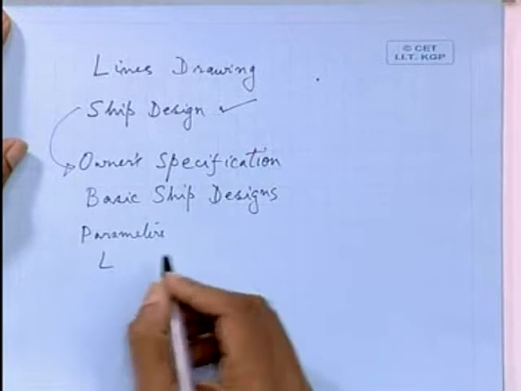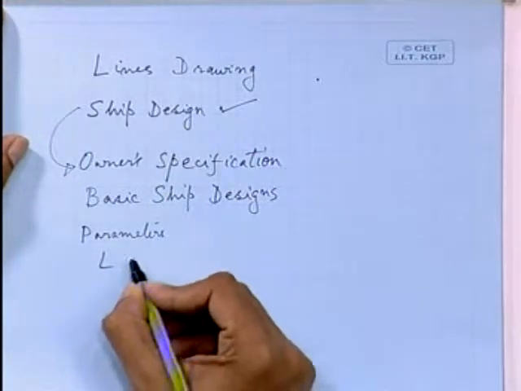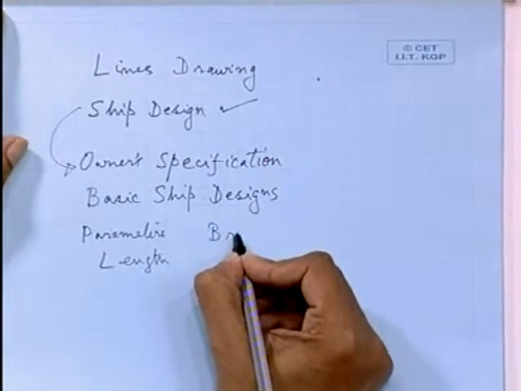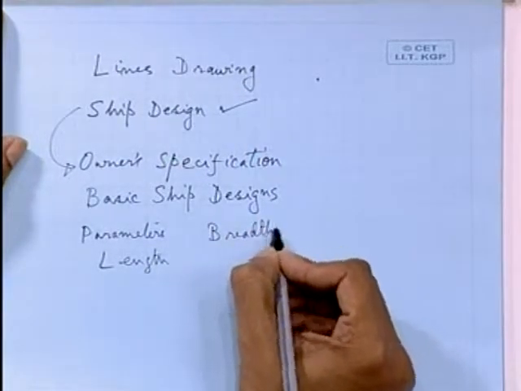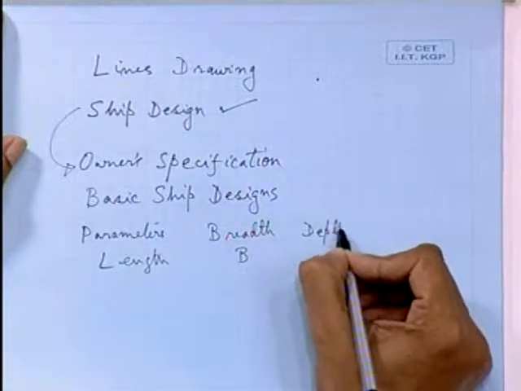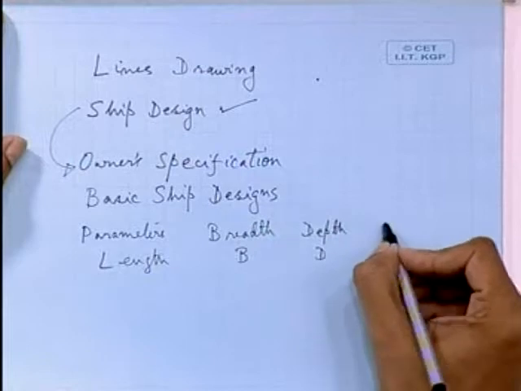Length is an important parameter. Then you have breadth, then depth. So, depth is D, and draft.